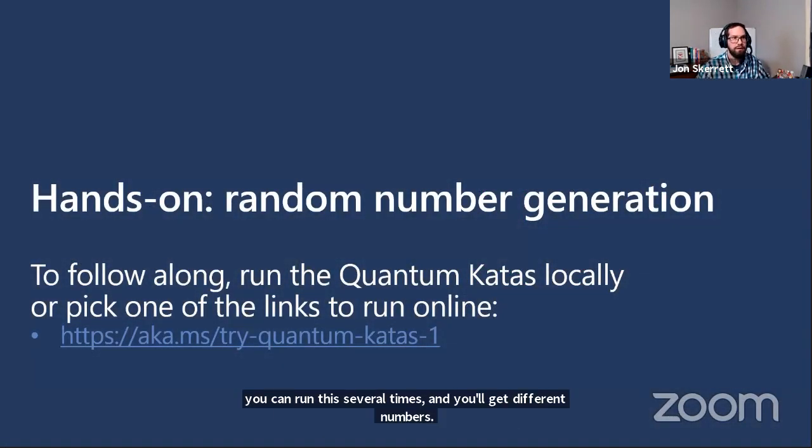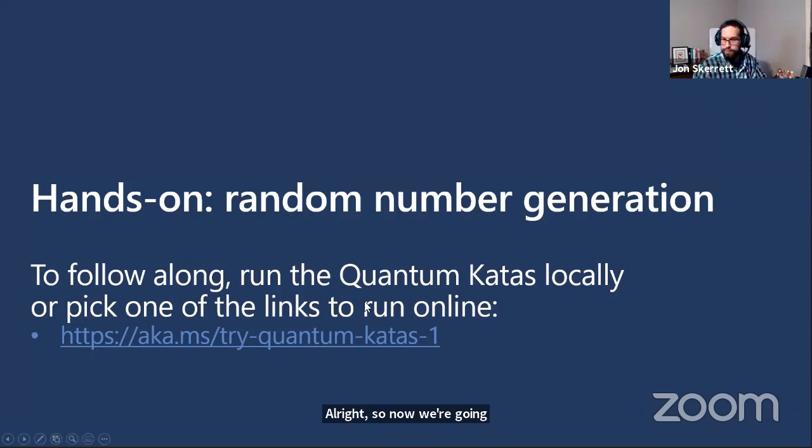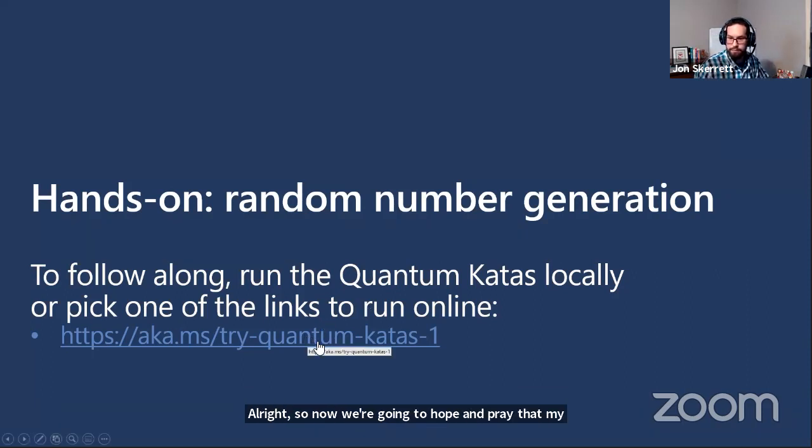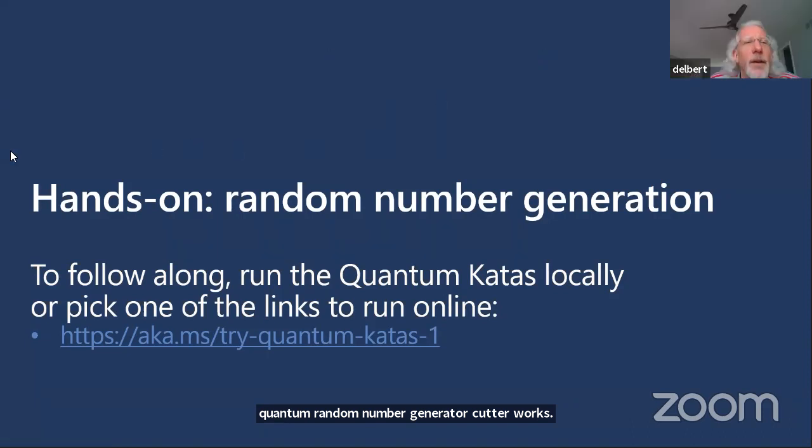All right, so now we are going to hope and pray that my quantum random number generator kata works. Don't worry, if it doesn't, it's my fault, John, because I was the one who did the PRs for the binder, for the kata. So it's my PR that went sideways.